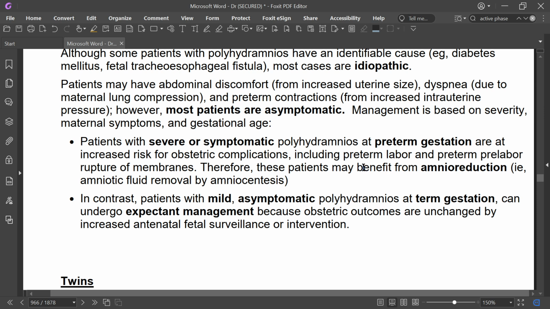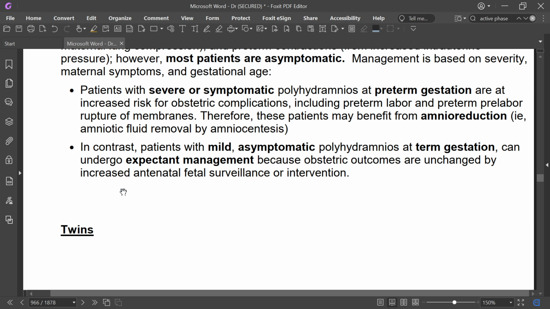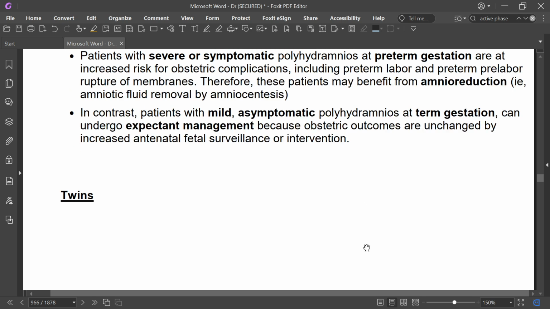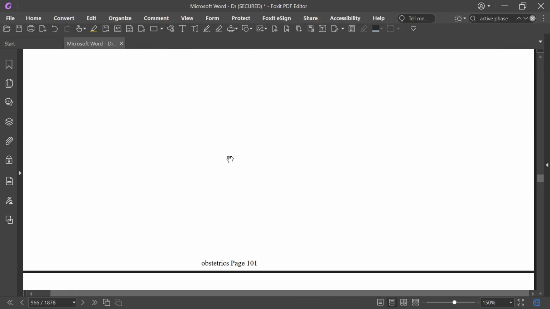Therefore, these patients may benefit from amnioreduction, amniotic fluid removal by amniocentesis. In contrast, patients with mild asymptomatic polyhydramnios at term gestation can undergo expectant management because obstetric outcomes are unchanged by increased antenatal fetal surveillance and intervention.